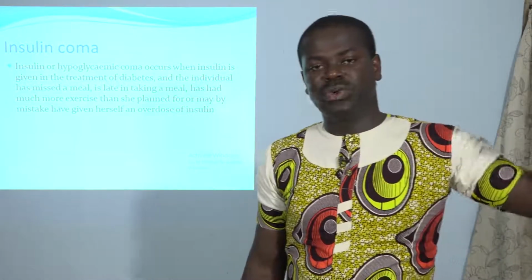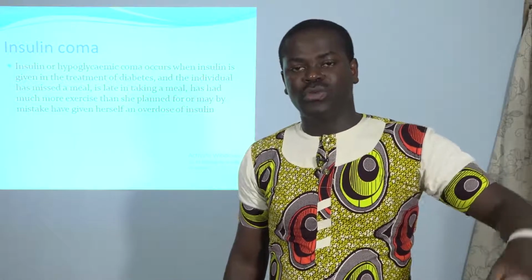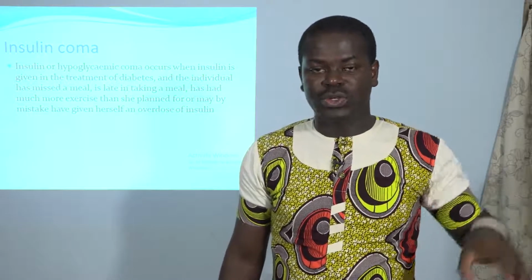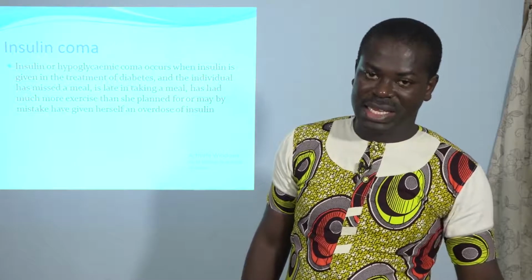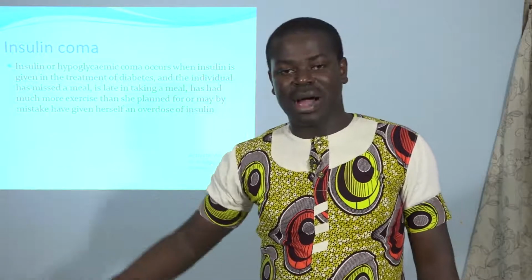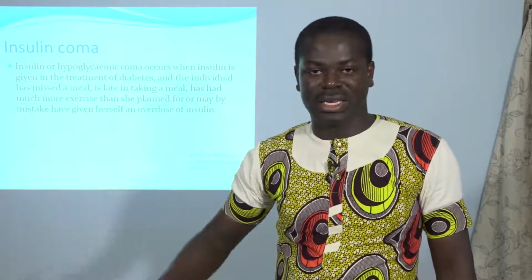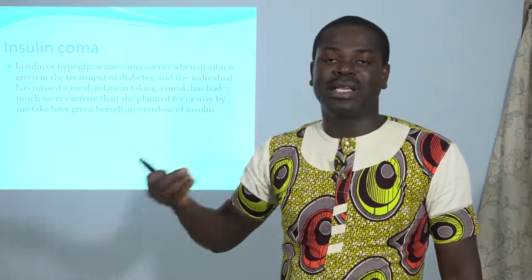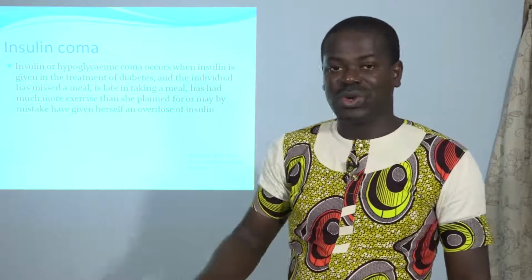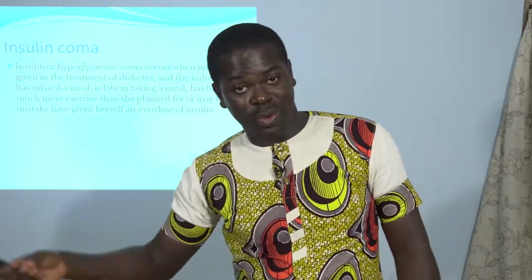With diabetes coma, there is presence of glucose in the blood, no insulin to carry the glucose, and so the person goes into unconsciousness. And with insulin coma, there is presence of insulin, no sugar for the insulin to pick back to the muscles, and so there is insulin coma.